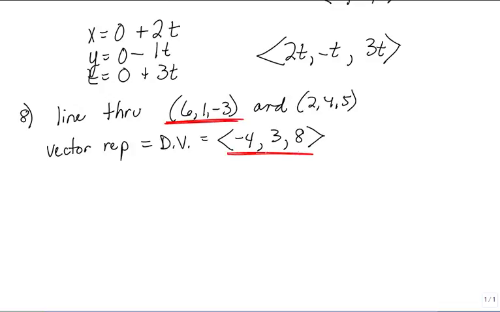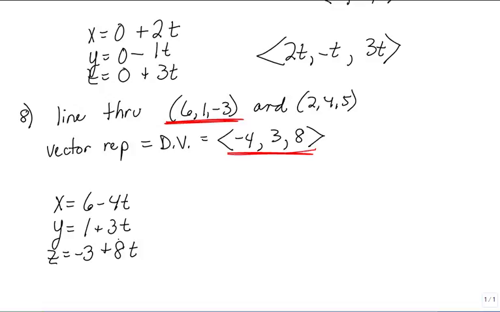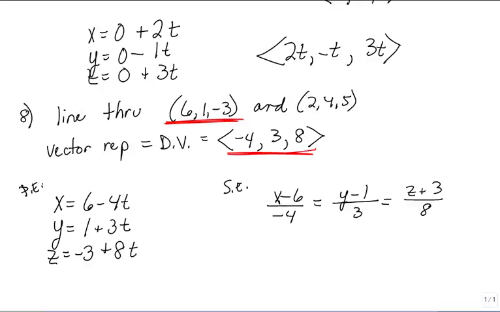So we have a point and the direction vector. So our line is x equals 6 minus 4t, y equals 1 plus 3t, and z equals minus 3 plus 8t. And the symmetric equation is going to be (x minus 6) divided by negative 4 equals (y minus 1) over 3 equals (z plus 3) over 8. So these are the symmetric equations, and these are the parametric equations that give us equations of that line.